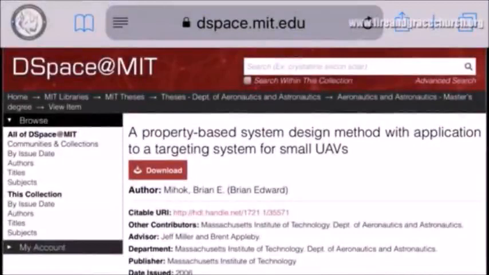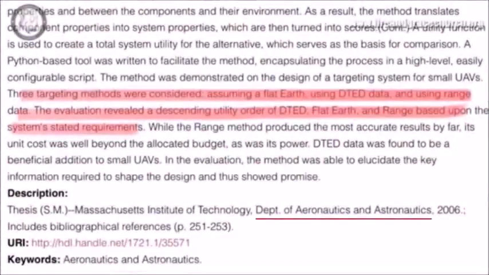Here's MIT. Massachusetts Institute of Technology, the top technical school in the country. And then in the description, it says three targeting methods were considered assuming a flat Earth. Whoa. Why would an MIT professor, PhD, assume the Earth is flat?